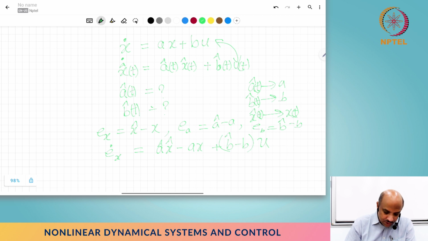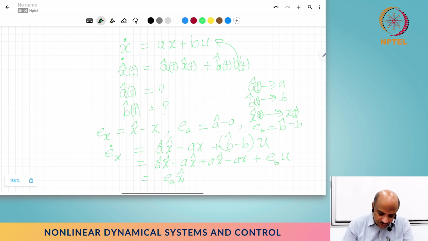Then this can be written as a hat x hat minus a x hat plus a x hat minus a x plus e b times u, which is nothing but e a times x hat plus a times e x, plus e b times u.